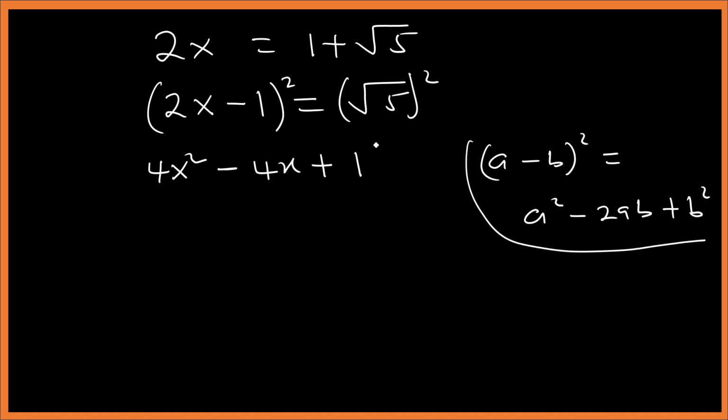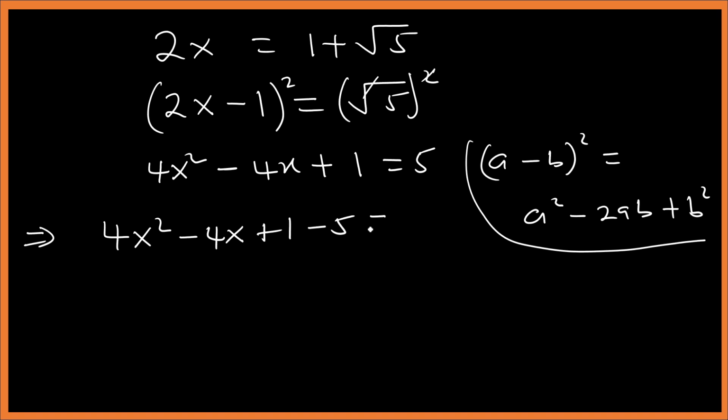So equals, this one will cancel this 5. So we have 4x squared minus 4x plus 1 minus 5 equals 0. So 4x squared minus 4x minus 4 equals 0.